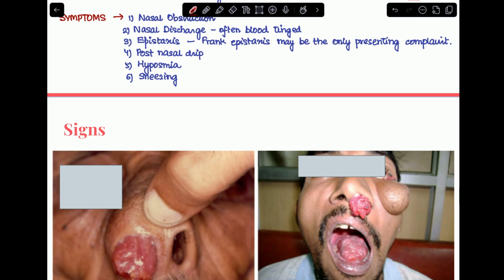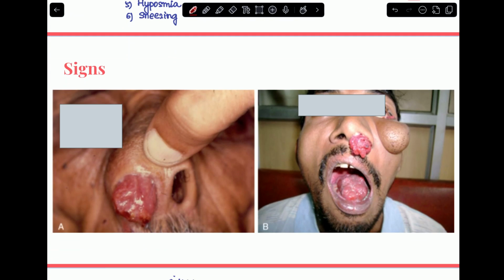Now let's discuss what do you find in the patient once you examine. So when you perform an examination of the patient, you will see, if you see in the image over here, you will see a pedunculated pinkish nasal mass.